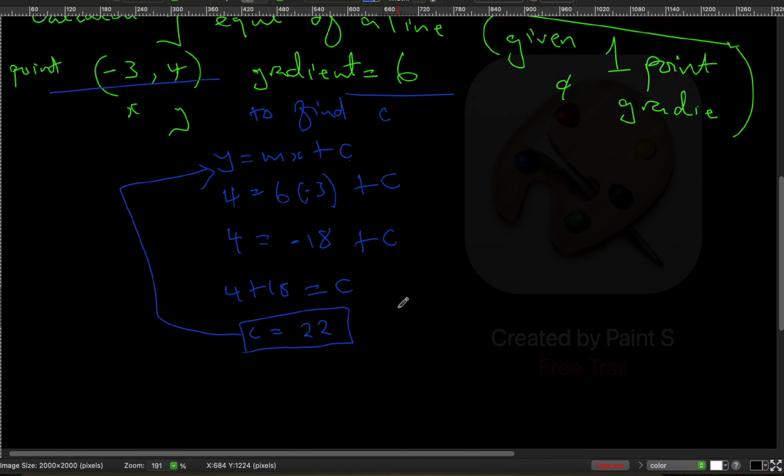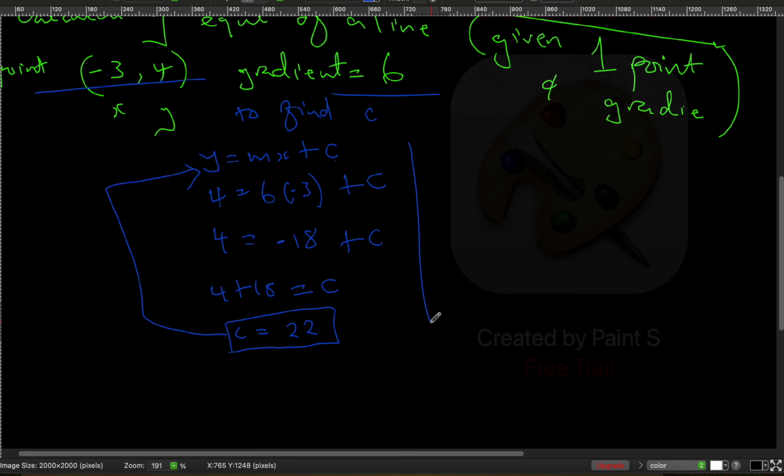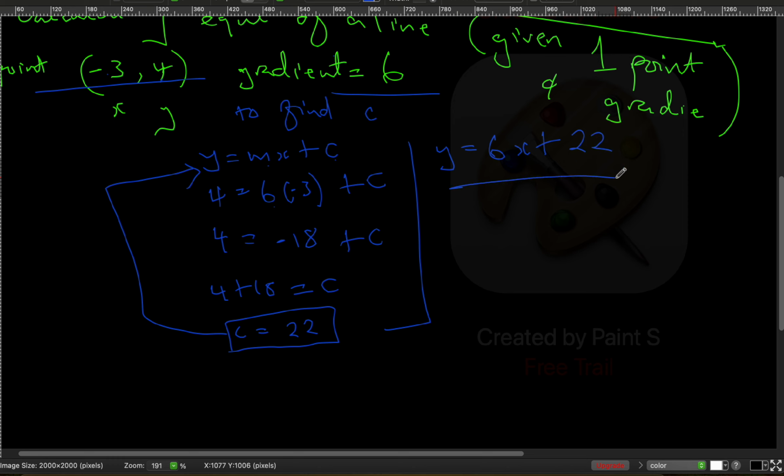So to find my equation of a line, I substitute the value of c to leave me with y = m, where I place m, my gradient, 6. x is a variable, plus c is 22.